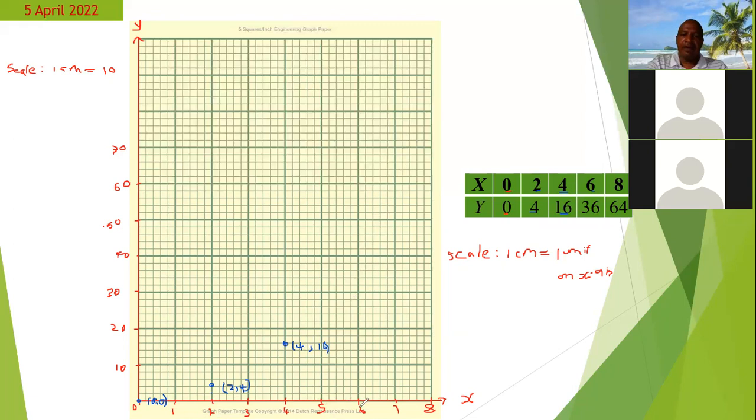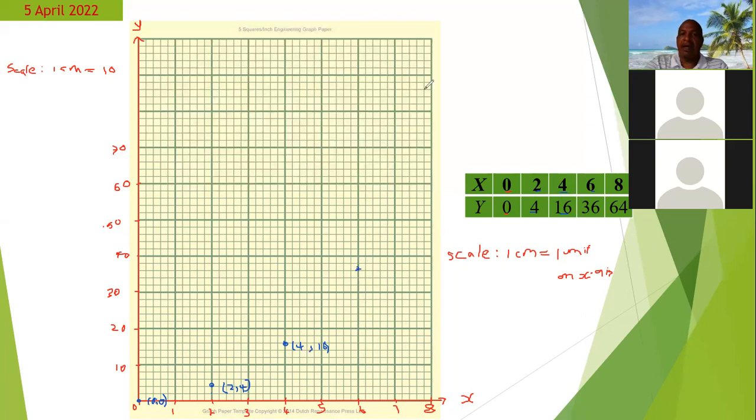So let us see if we can find that. So we move along the x-axis, we go to 6, and we're going up y, which is 36. So we know that going up 1 centimeter at a time, that would be 10, but we want 36. So we go up 10, 20, 30, and then now we go up 3 tiny boxes to get the 6. So we go up 2, 4, 6. So we would be right at this point here.